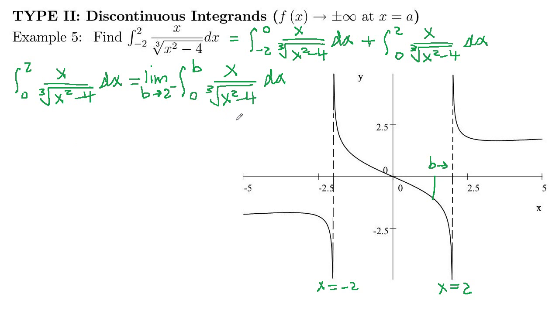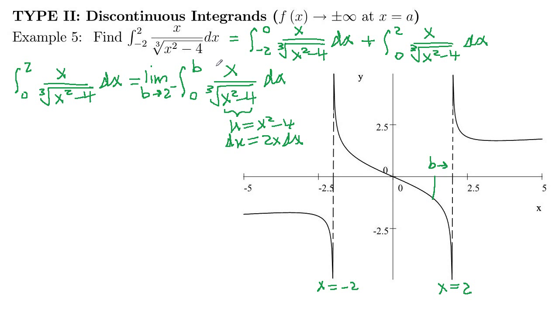So it looks like we need a u substitution here. I see a function and almost its derivative. So let's let u equal x squared minus 4. So our du is going to be 2x dx.